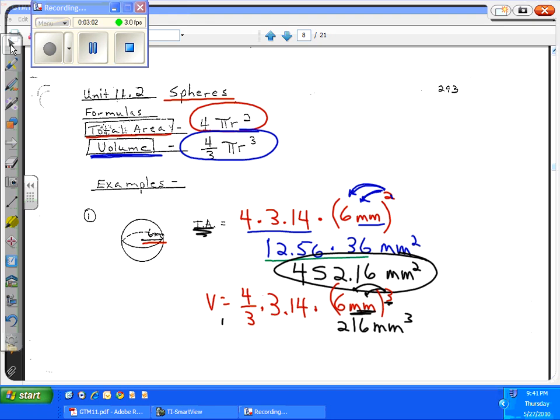So we're going to have volume is equal to 4/3 times pi times 216 and then millimeters cubed on the end.